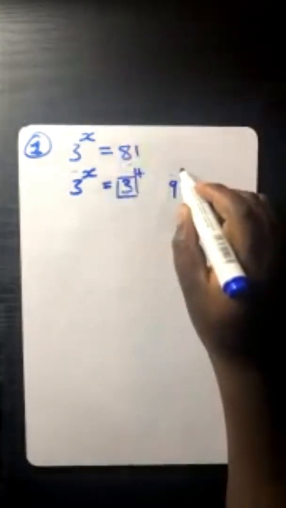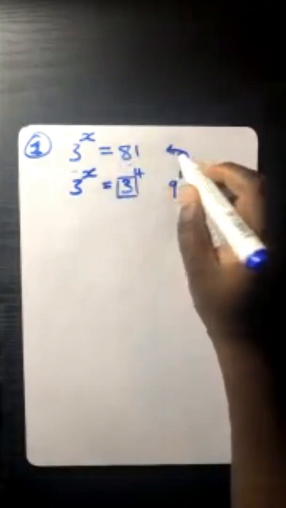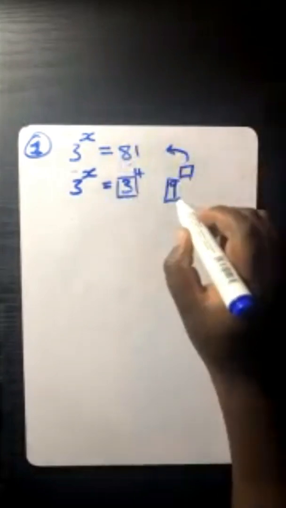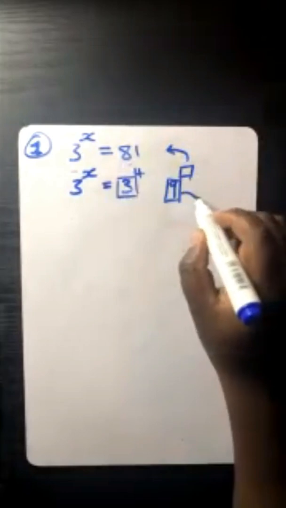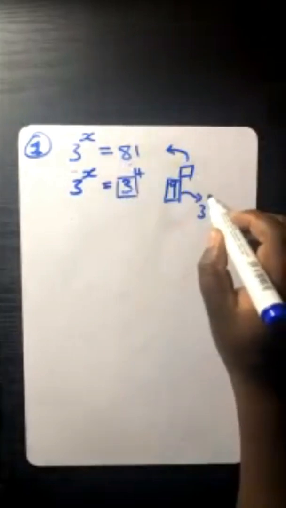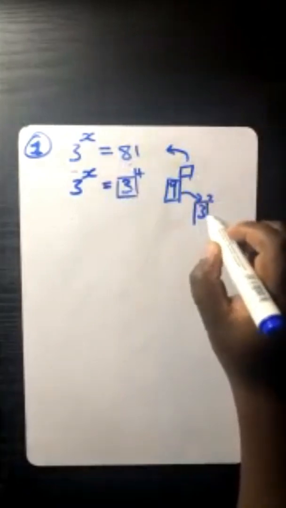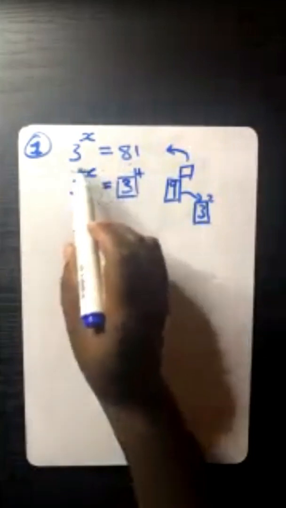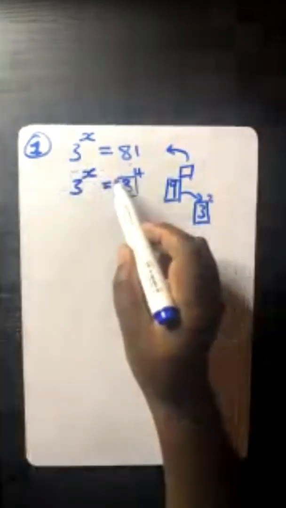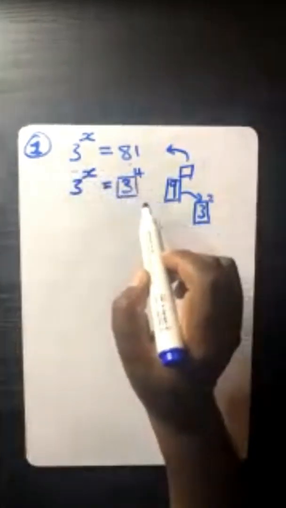You couldn't say 9 to the exponent something to get 81, because 9 can be further simplified as 3 to the exponent 2. So we just want the smallest base. And most importantly, the term on your left guides you in terms of what could possibly be the base on the right side.